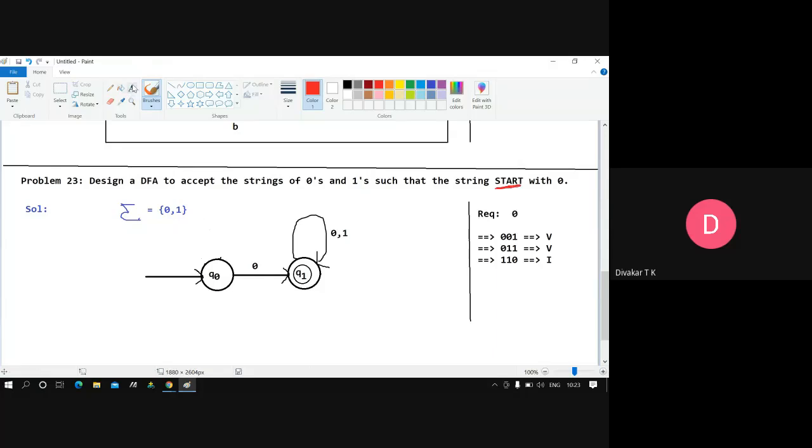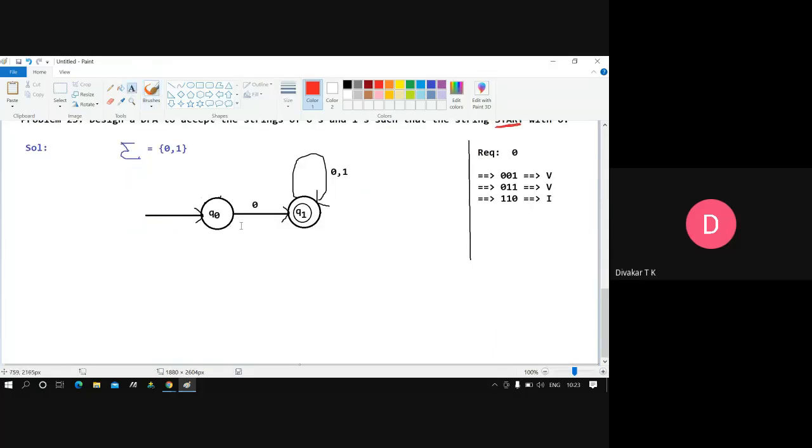We have to create one state. From Q0, the zero symbol has been passed, but the one symbol has not been passed, so that's why we are sending that one to a trap state, guys.